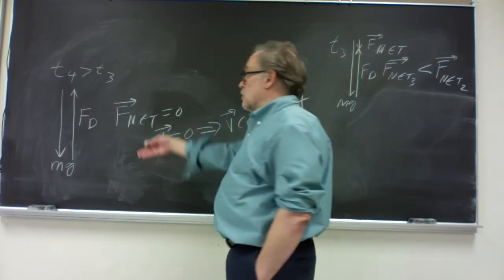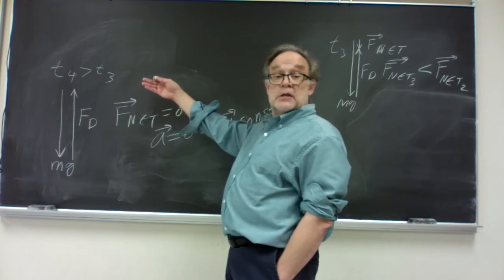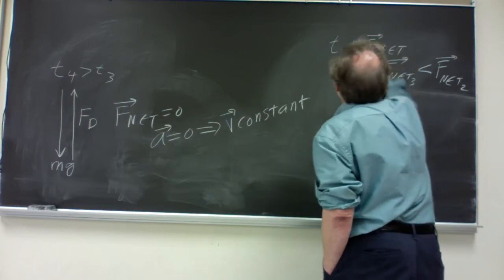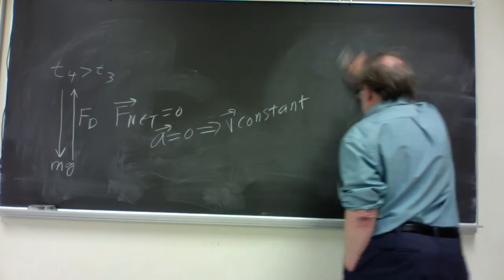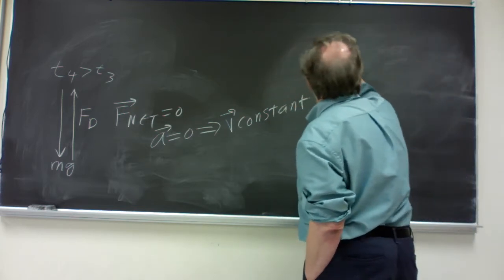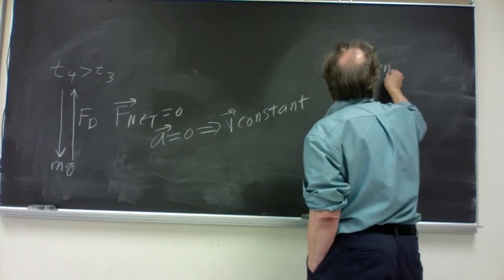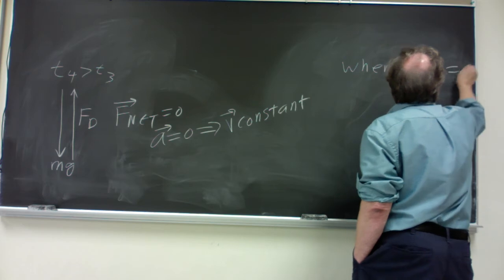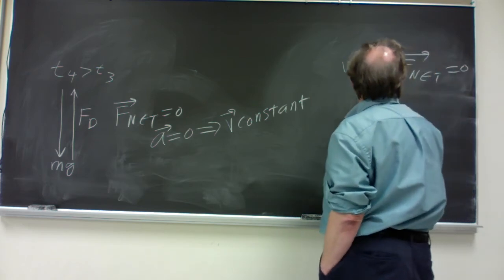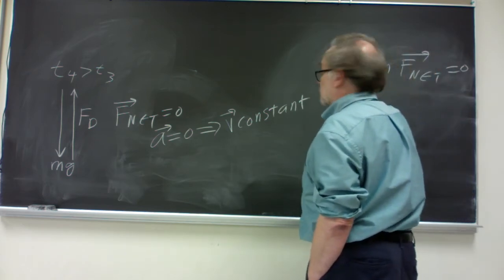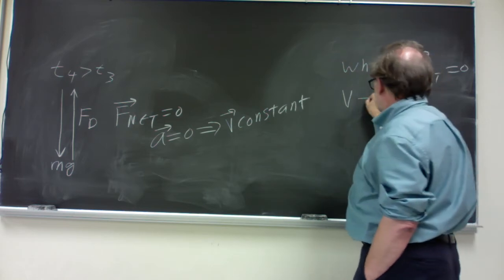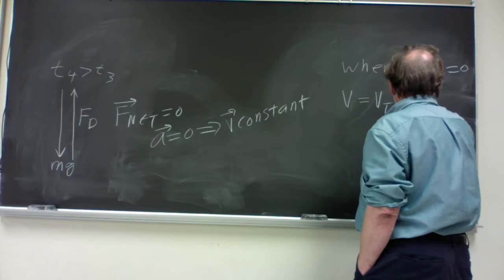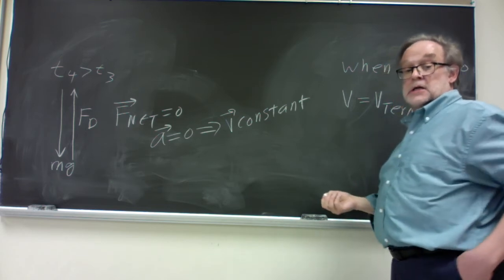So when the drag force is big enough to cancel out the weight and give you 0 net force, then the velocity is now the constant terminal velocity.